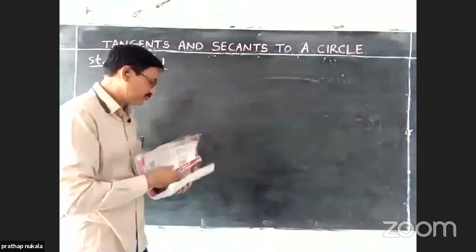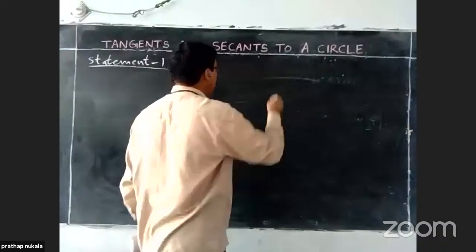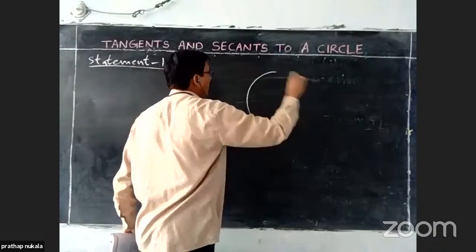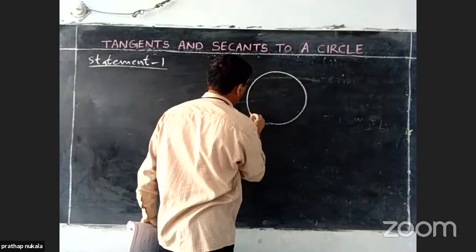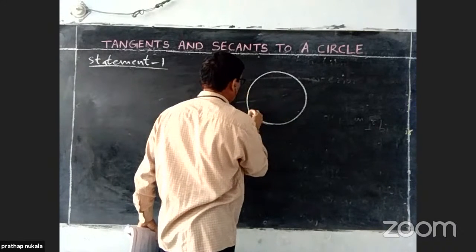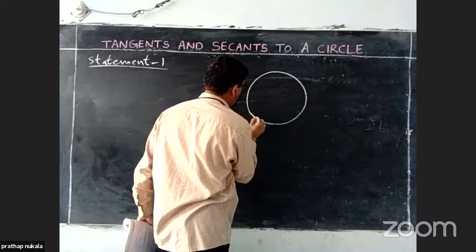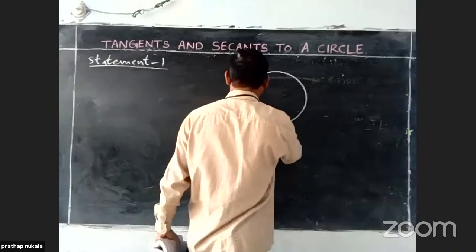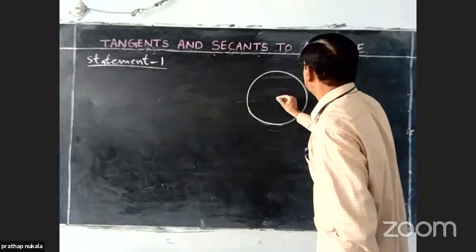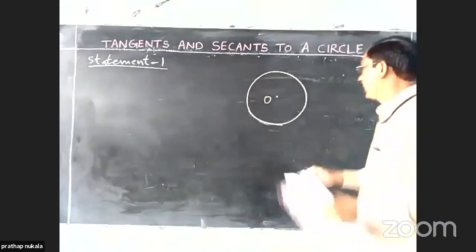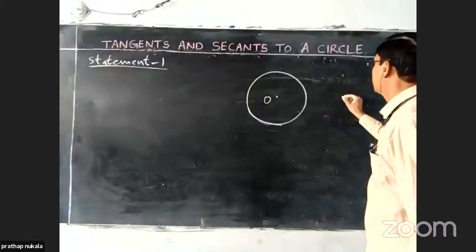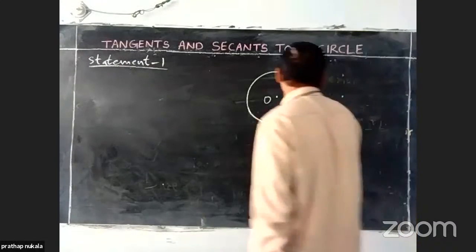Okay. Now first draw a circle. Draw a circle with center O and locate a point P outside the circle.